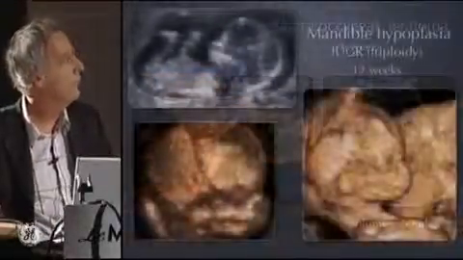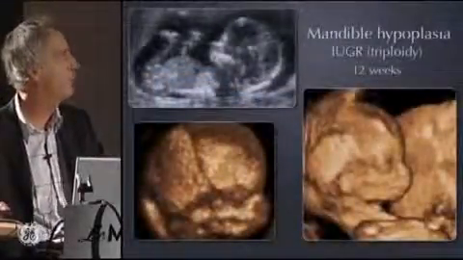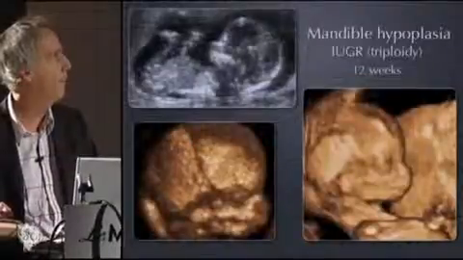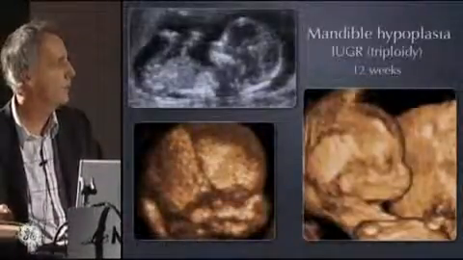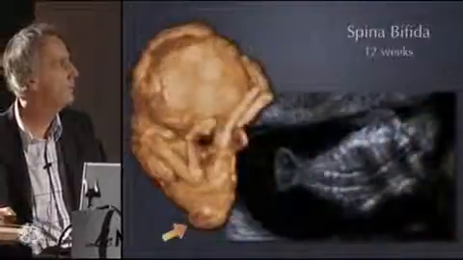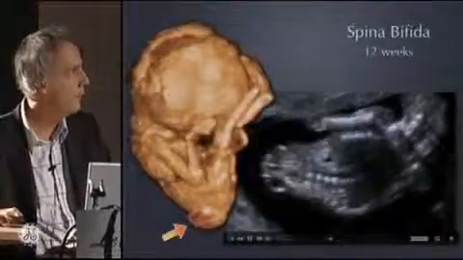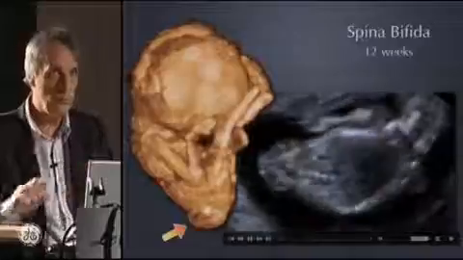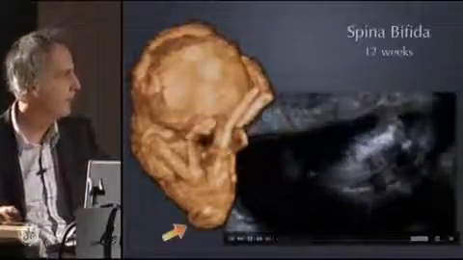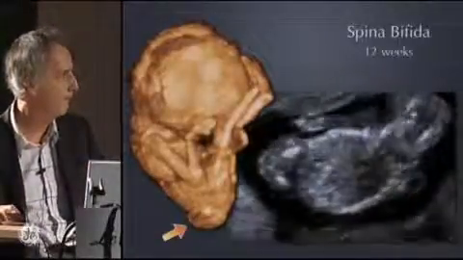A case of triploidy with a typical aspect with a huge head compared to the body and the hypoplasia of the mandible. And in this case, you can also see spina bifida. It was this case of triploidy with the spina bifida here.